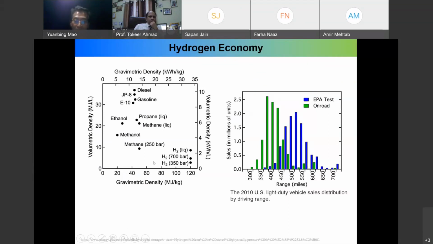And you will see that, whether it's liquid hydrogen or at different pressures, hydrogen actually has a pretty high gravimetric density, but the volumetric density is pretty low. That's why people consider a hydrogen economy.